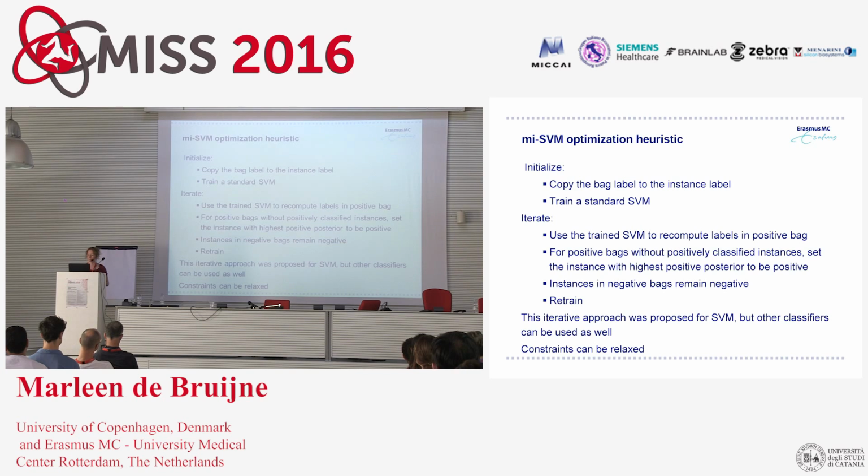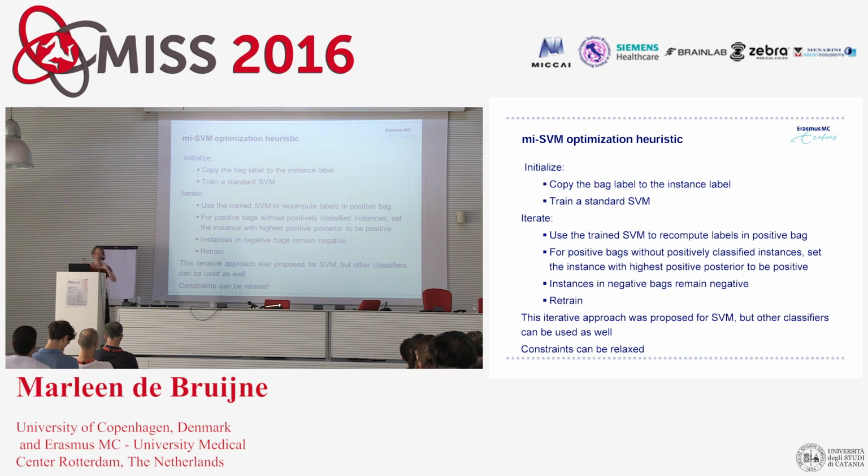Then we iterate. We use the trained support vector machine to recompute labels in the positive bag. The negative bag stays all negative. In the positive bag, we label them according to our current SVM classifier.